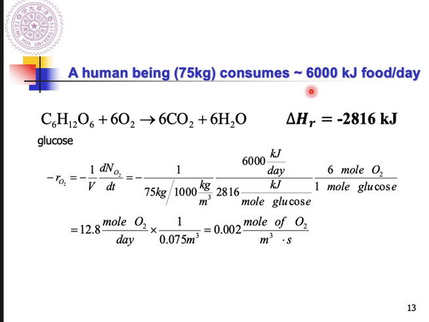Based on this, we know that 6,000 kcal food per day actually generates the heat or energy for the human being, right? And the type of energy generation that happens in the human being is that glucose reacts with oxygen and generates carbon dioxide and water, and this generates heat of around 2816 kcal, right?